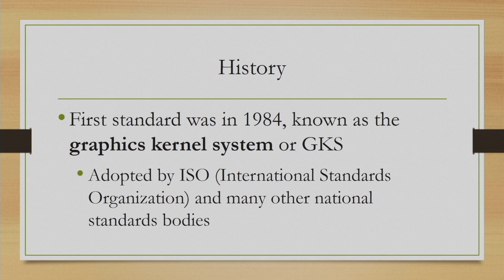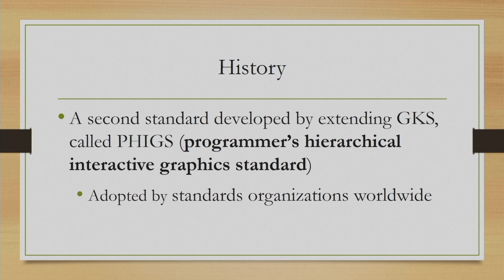The first graphics standard came in 1984, long ago, which was known as the Graphics Kernel System, or in short GKS. It was adopted by ISO as well as many other national standard bodies. Then came a second standard, which was developed by extending the GKS.